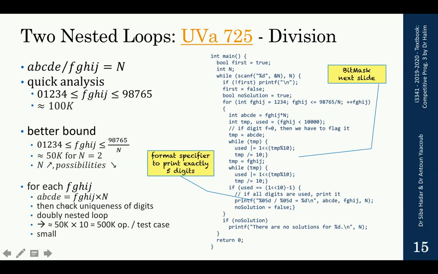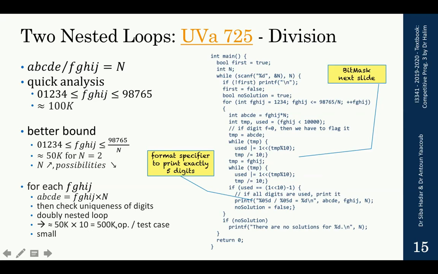We have to check whether the two numbers are both composed of unique digits. If they are composed of unique digits, we simply list this solution. So the number of operations will be 50K, and for each round we have 10 operations to do in order to test whether the digits are unique or not.